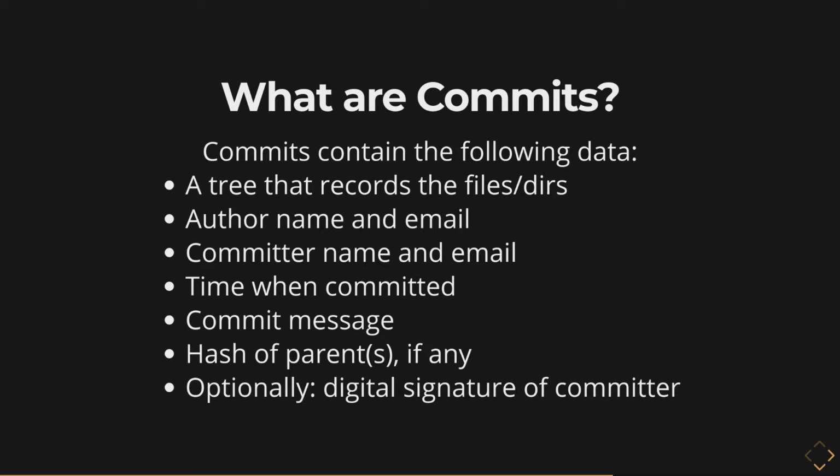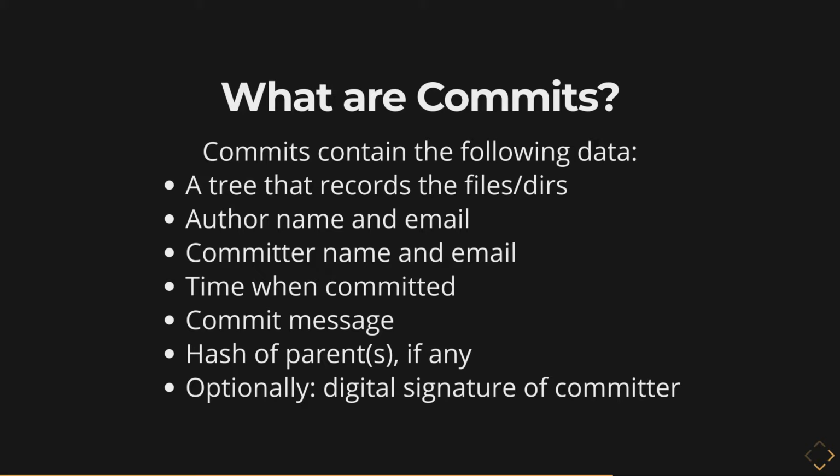Then a commit contains an author name, an author email, the committer's name and the committer's email, because those two could be different. Say, I could write a piece of code and not check it in, and then Michelle or Peter could check it in or commit it for me. In that case, you could actually set the author name and the committer name to be different.